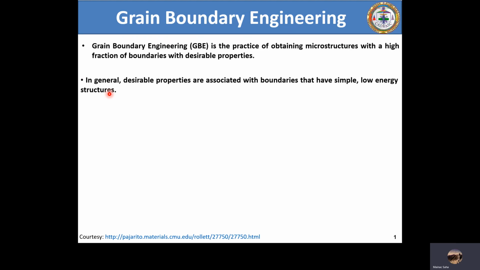For example, if we talk of a sigma 3 boundary, every third lattice plane between the two adjoining lattices will be in continuation with each other. Such low energy structures are in turn associated with the CSL boundaries that I have already mentioned while talking about sigma 3 boundaries.